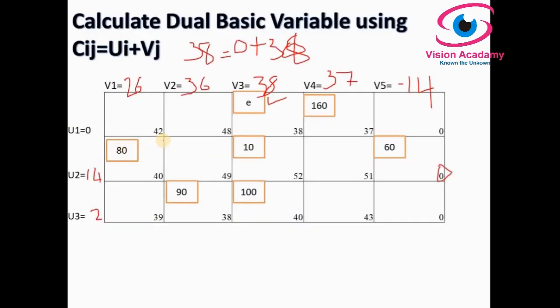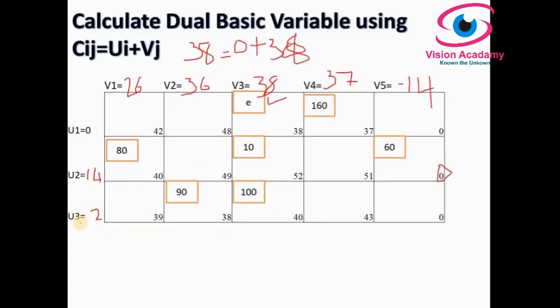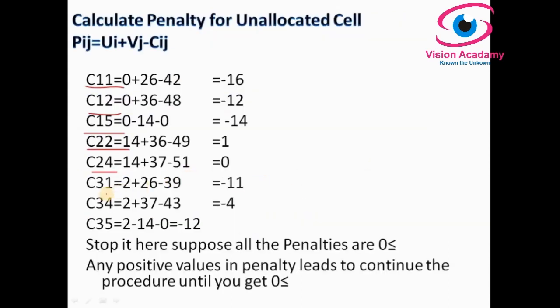In the second row, C22, C24, and in the third row C31, C34, C35. I have defined unoccupied cells first to calculate penalty.